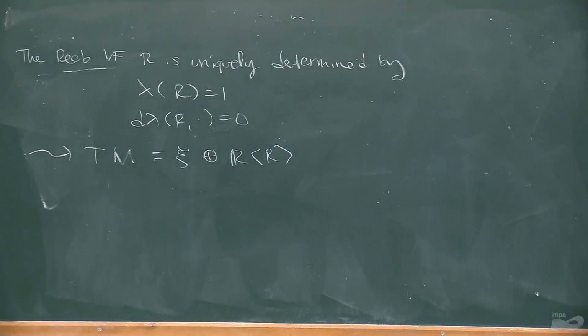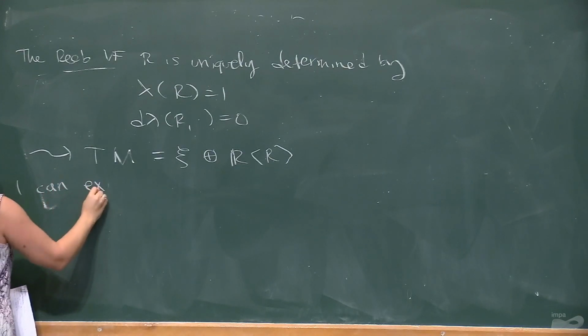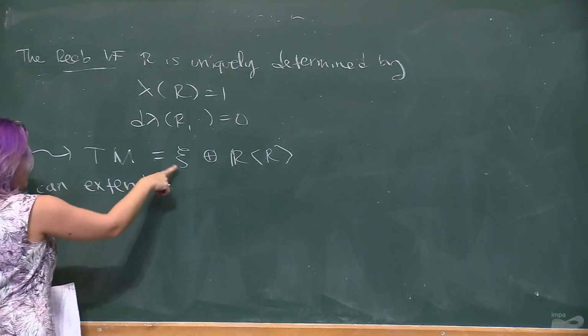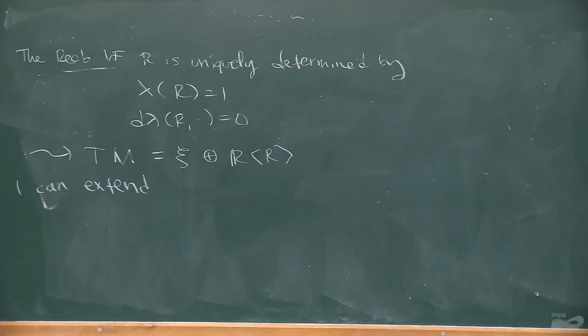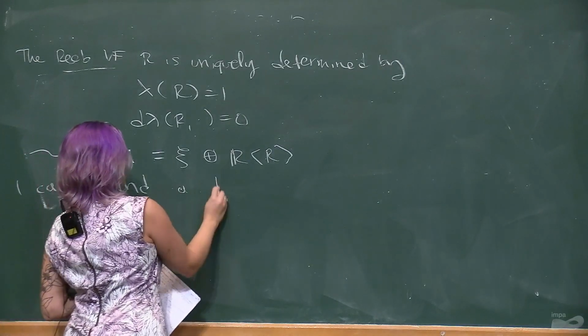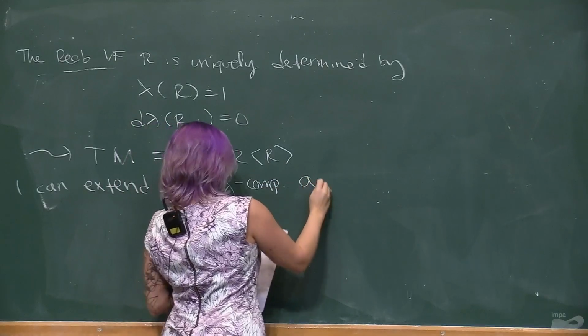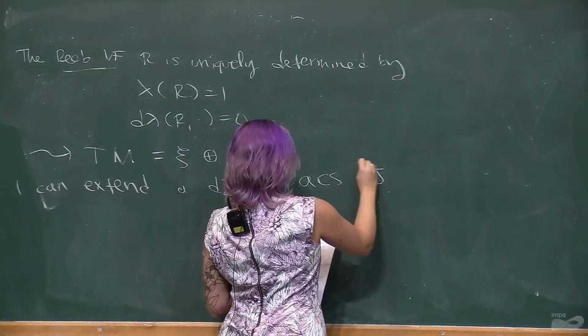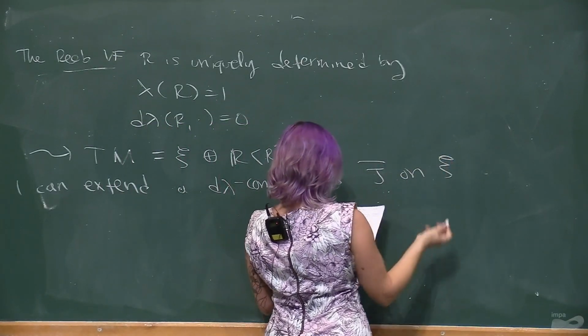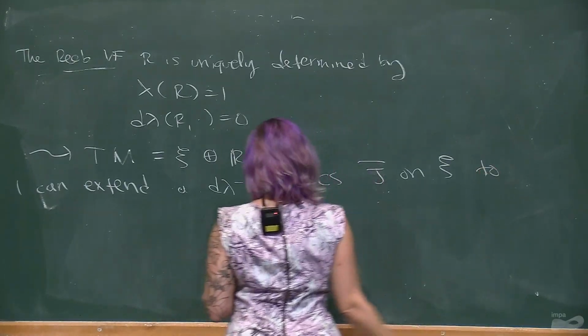And then because I'm going to be constructing a Floer type homology theory, I need a choice of J. Because I have a symplectic vector space given by the kernel of lambda, which is xi paired with d lambda, I can extend a d lambda compatible almost complex structure on the symplectic vector bundle to one on the symplectization.